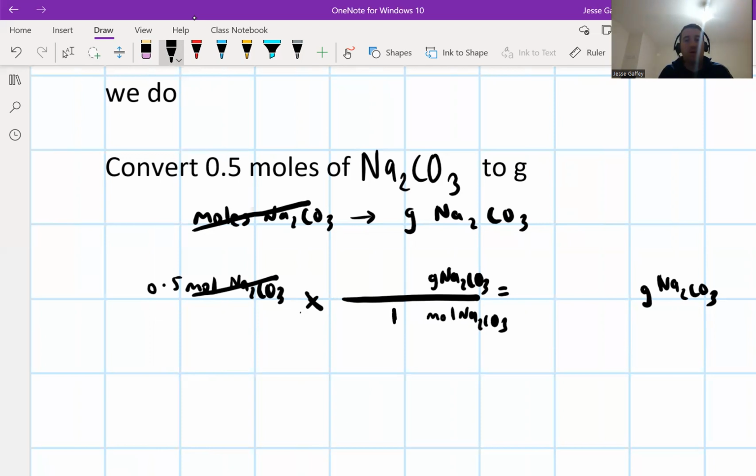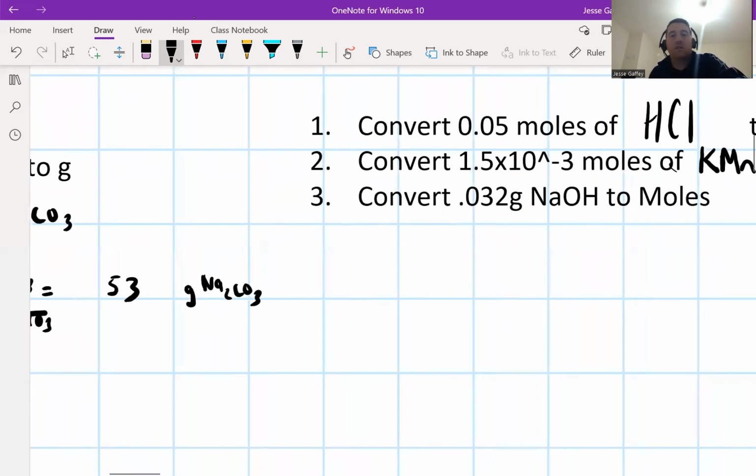For every 1 mole, there is 106 grams of sodium carbonate. Go ahead, get your answer. Pause the video now and work out how many grams of Na2CO3 is that. Okay, so what you should have got here is 53. Well done if you got that correct.